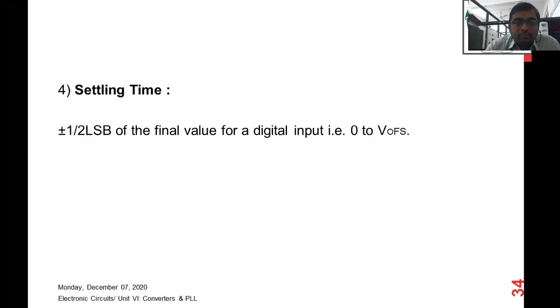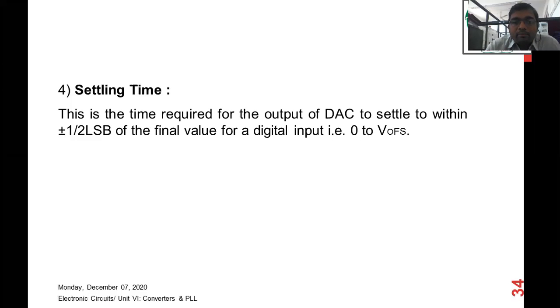The fourth specification is settling time. This is the time required for the output of the digital to analog converter to settle within plus minus 0.5 LSB, or 1/2 LSB, of the final value of the digital input, that is between 0 to full scale voltage.